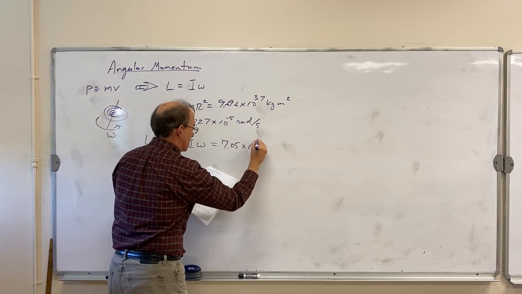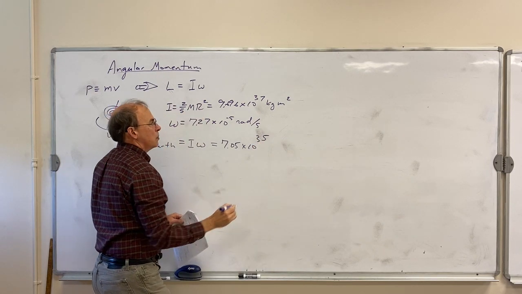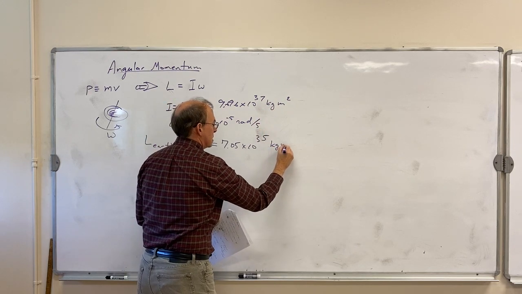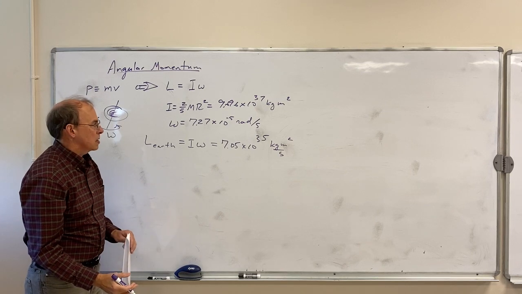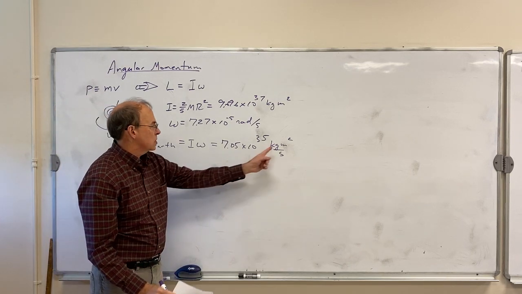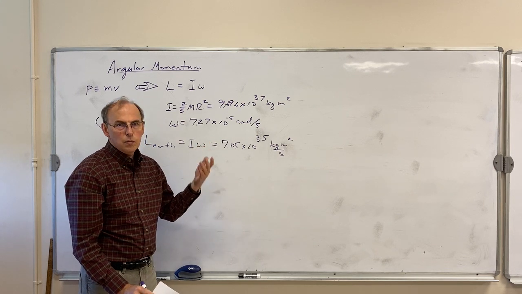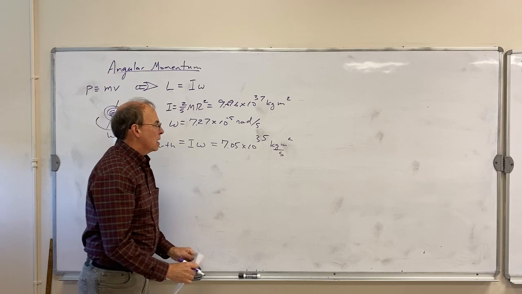7.05 times 10 to the 35. Your book uses the units kilogram meter squared per second. That's fine, that works. Moment of inertia, I, has units kilogram meter squared. Omega is radians per second. But remember, a radian is a meter per meter, so we can just erase that.